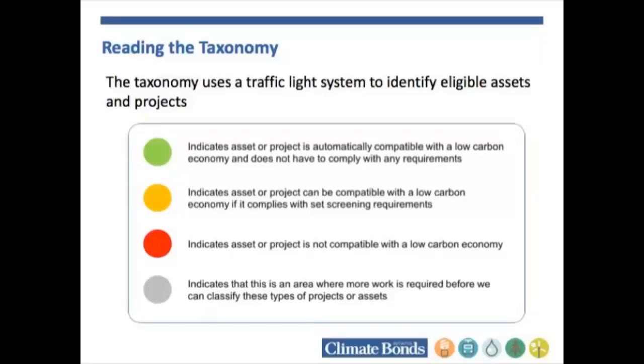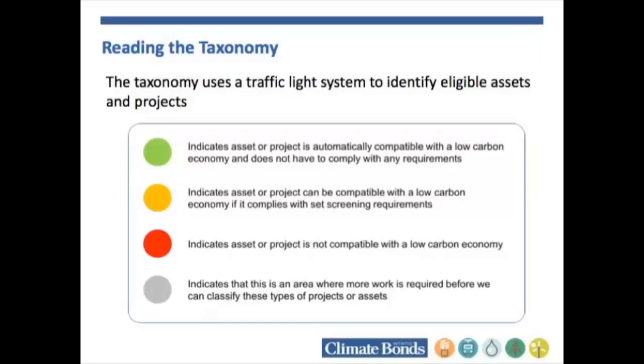Orange indicates that this project could be compatible if it meets a certain screening requirement or threshold. The majority of assets or projects listed in the taxonomy are listed with the orange circle, and then there is a screening requirement that relates to that asset or project.